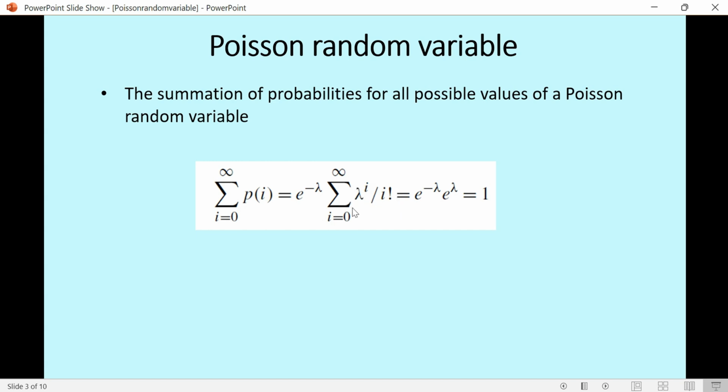Because this is the expansion of e to the x, this summation is e to the lambda. So e to the lambda times e to the minus lambda equals 1. This verifies that the probability mass function of the Poisson random variable is correct.